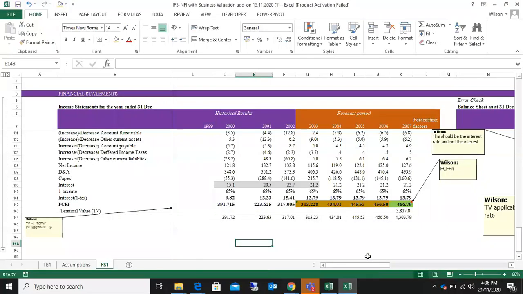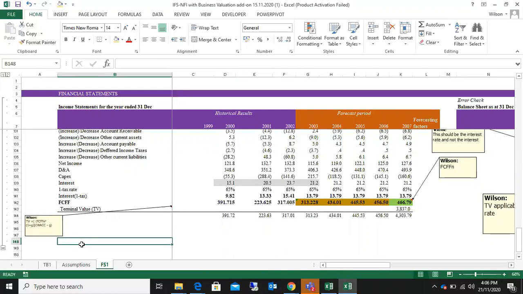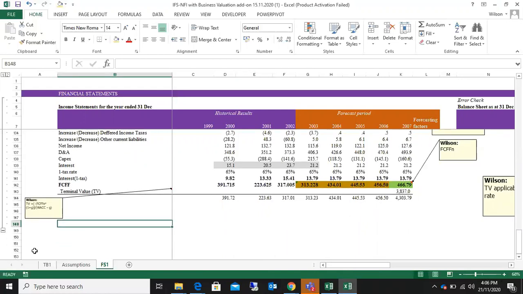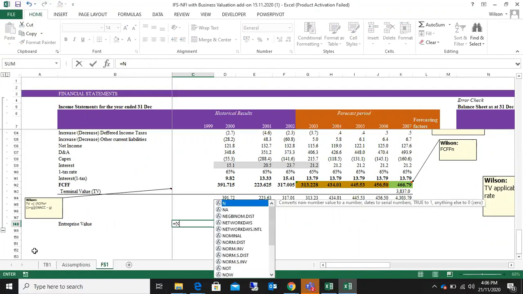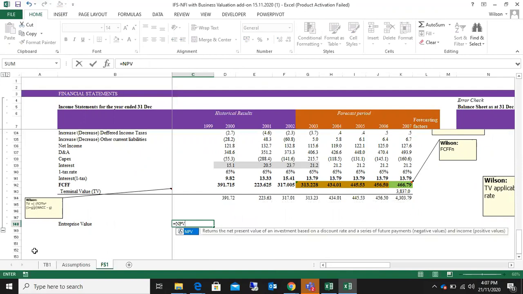The next thing we are then going to do is to calculate the enterprise value. Now, the enterprise value is equal to the net present value of the free cash flow, all right?